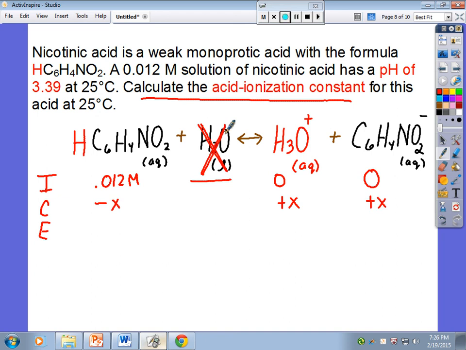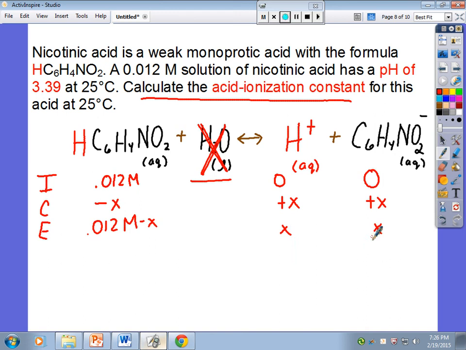Okay? And if this bothers you and you don't want to write H3O plus, you can go ahead and just write H plus. I'm just showing you that because sometimes it is written as a hydronium ion. It means the same thing. So what do you know now? You know that this molarity is going down. This is a value x and this is a value x. So now what's true?